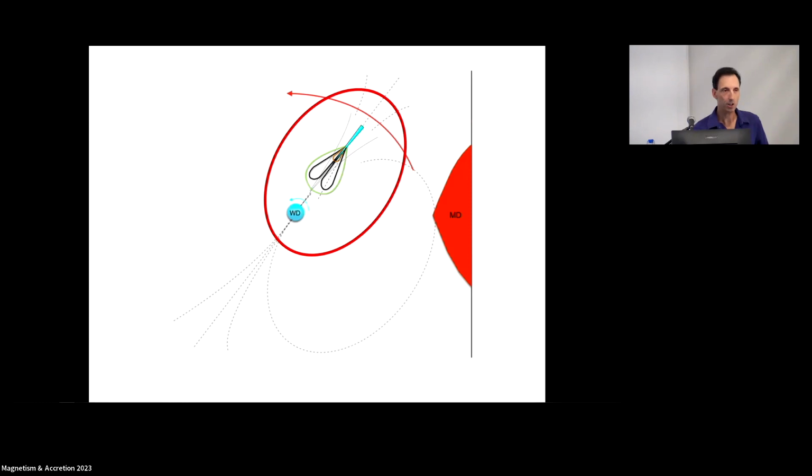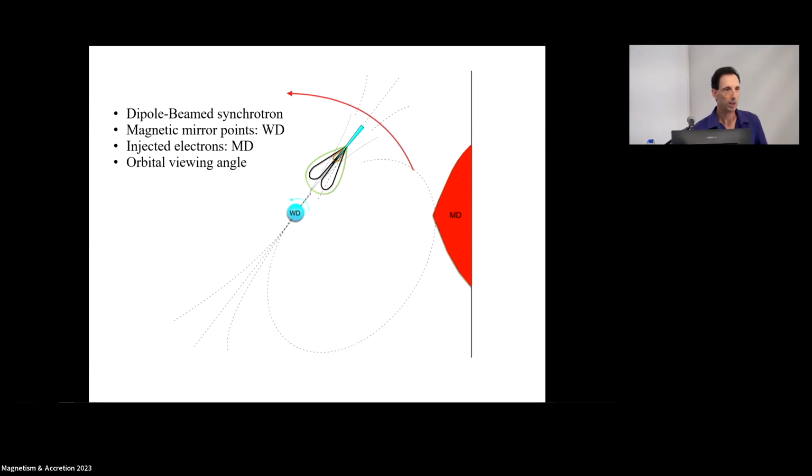And we added an additional variable to our model, in that as the white dwarf's magnetic field sweeps past the secondary star, in this region, given by the red arrow, it receives a new injection of electrons from the M dwarf. So only during this region, highlighted by the red arrow, is the synchrotron emission enhanced. For the rest of the spin period, there isn't any synchrotron emission.